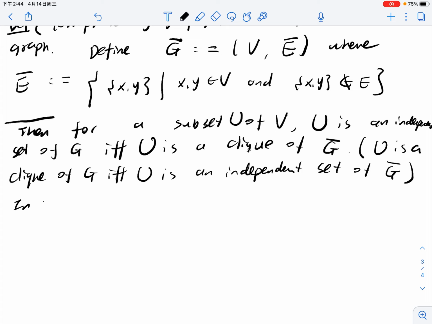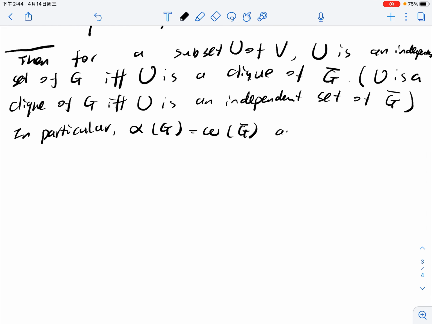In particular, alpha G is omega G bar, and omega G is alpha G bar. Recall that alpha is the independence number, omega is the clique number.